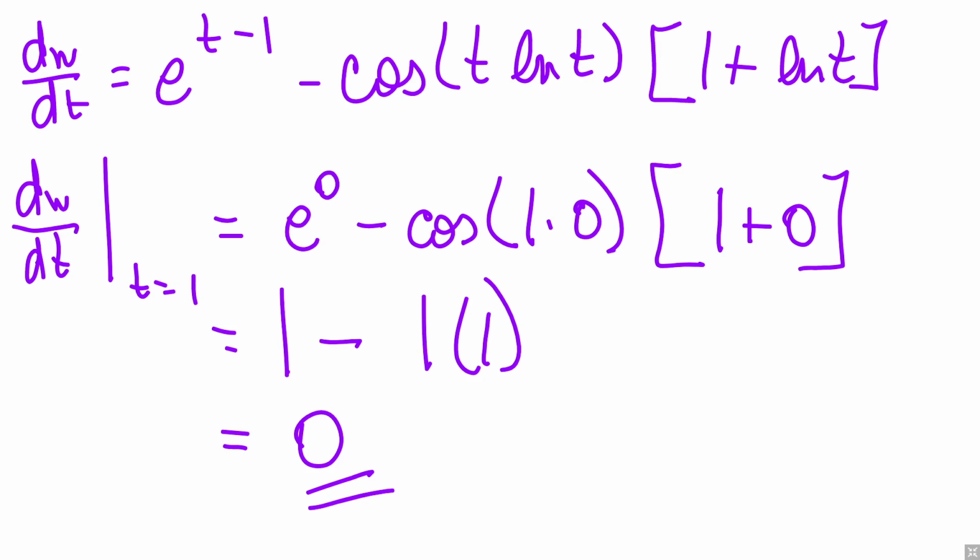Okay, so let's look at our next example. In our next example, we're going to be dealing with multiple variables. So instead of just x, y, z and t, now we're going to be dealing with x and y, and then in this case u and v.